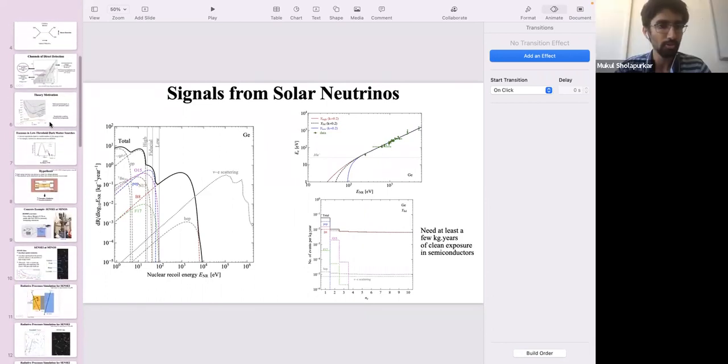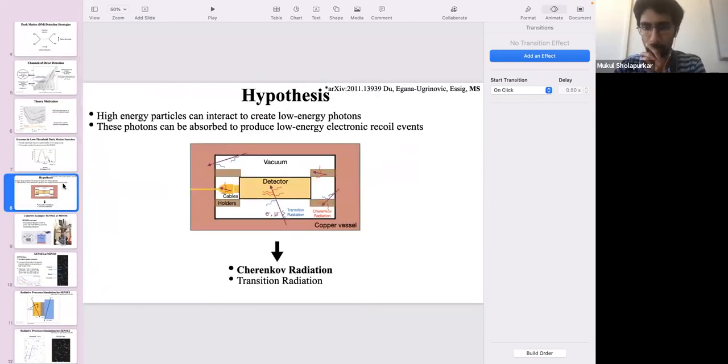Yeah, absolutely. In this paper that we put out at the end of 2020, we were not really working on a specific simulation dedicated to SENSEI or so on, and we just wanted to point out this background that could be happening in the recent detectors.